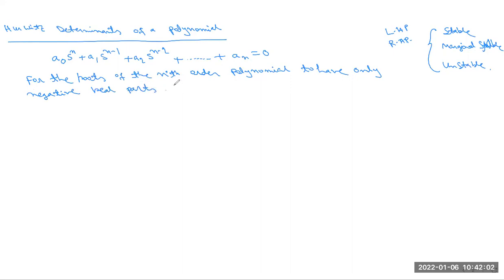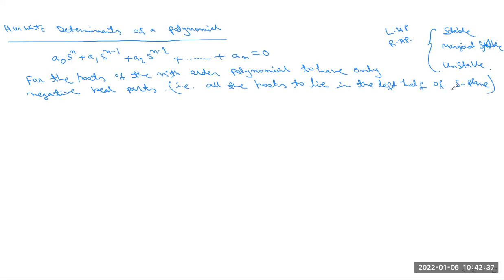Okay, that means all the roots to lie in the left half of the S plane. That means the system is always stable, because all the roots are present on the left half plane of the S.